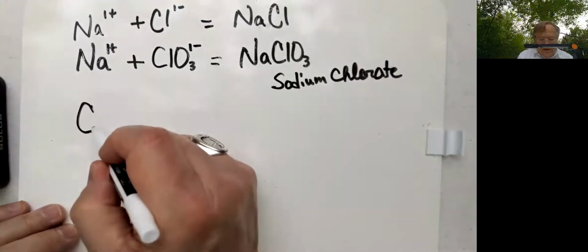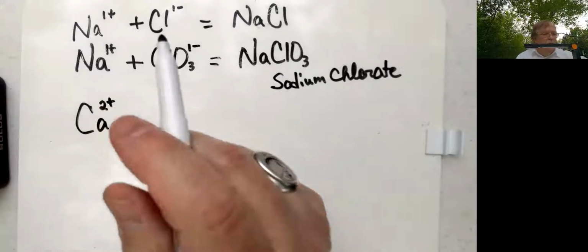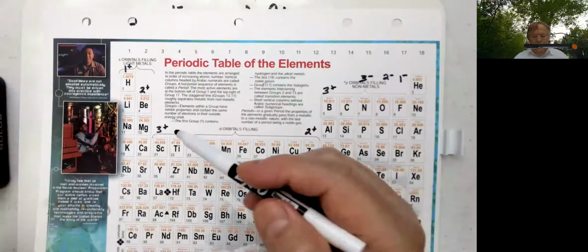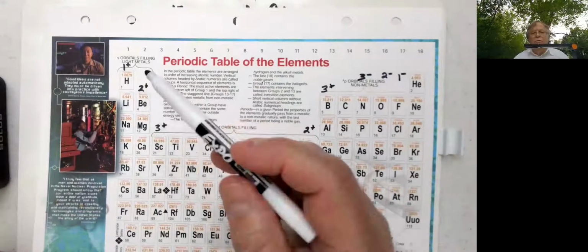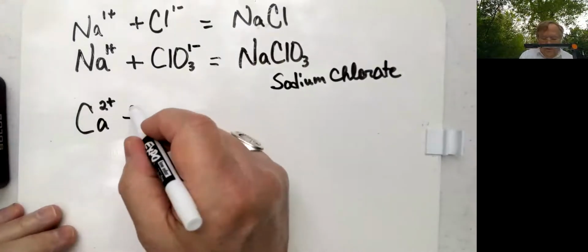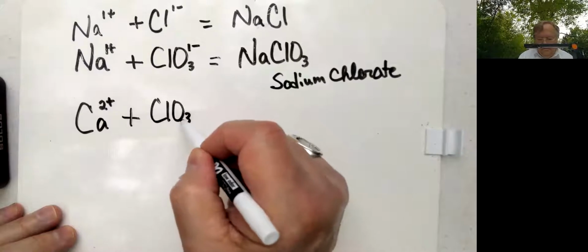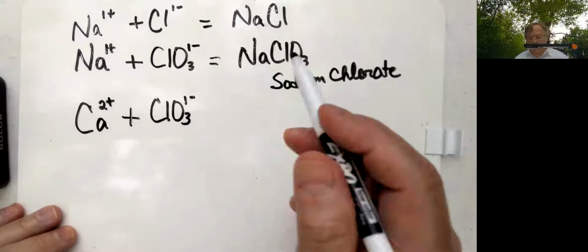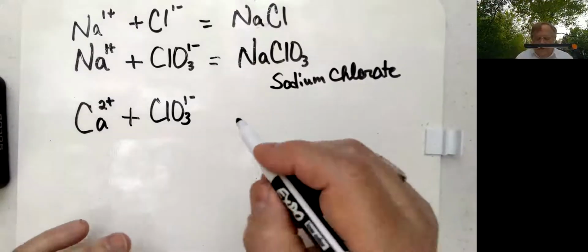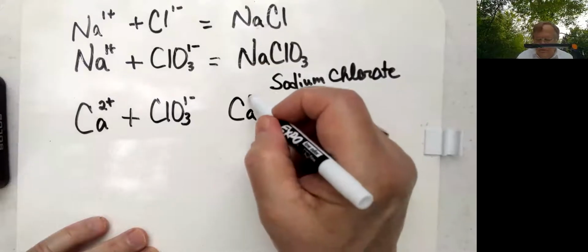Okay, so what if we had calcium, which is positive 2? Calcium is positive 2. We put that with chlorate. Here's what I do, and I let my students do this.